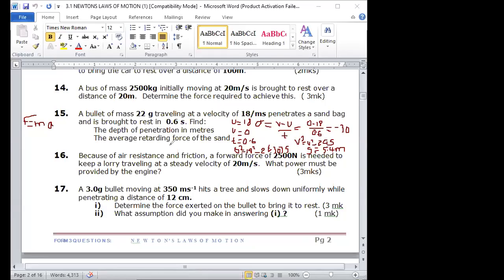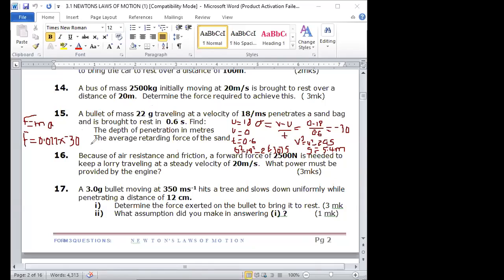Then from there, we want to get this force, and our F becomes the mass, being in grams, converted to kg by dividing by 1,000, and you get 0.022, multiplied by a, and our a we already got is negative 30.